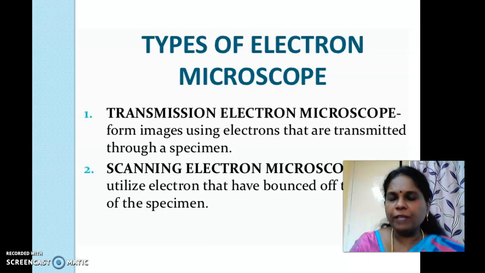There are two different types of electron microscope: transmission electron microscope and scanning electron microscope. Transmission electron microscope forms images using electrons that are transmitted through the specimen, whereas scanning electron microscope utilizes electrons that are bounced off the surface of the specimen.